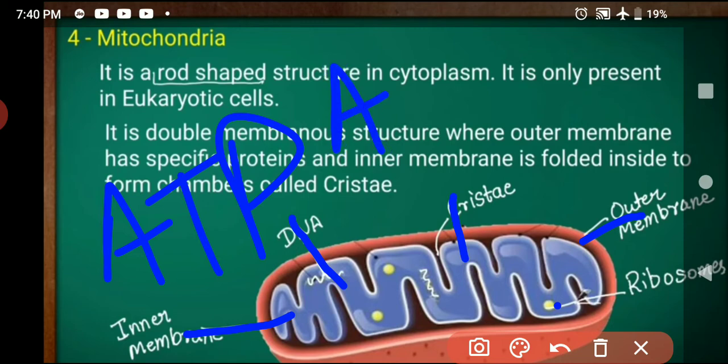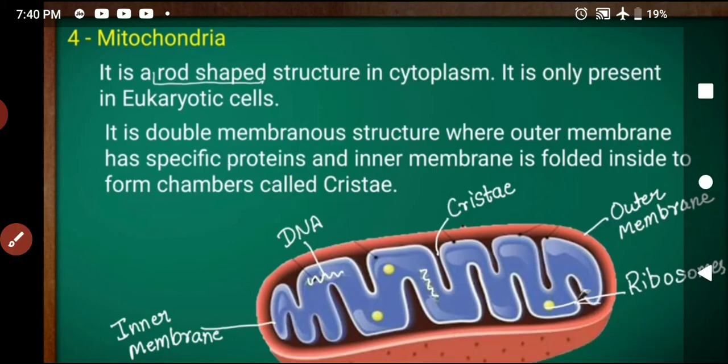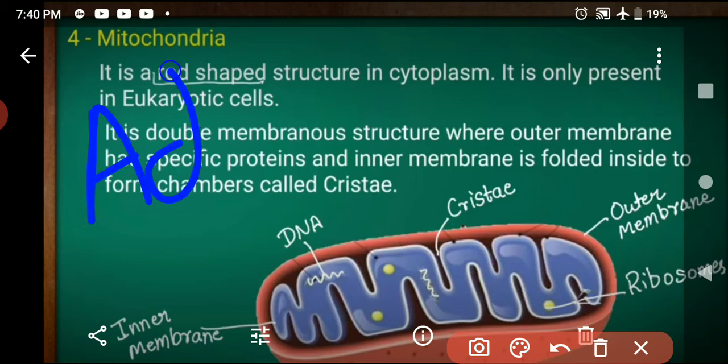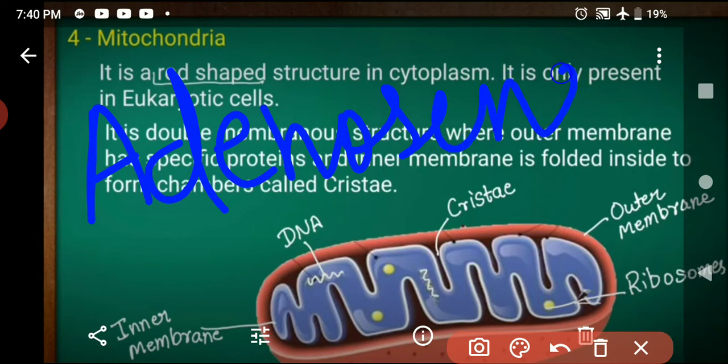See, the full form of ATP is adenosine triphosphate.